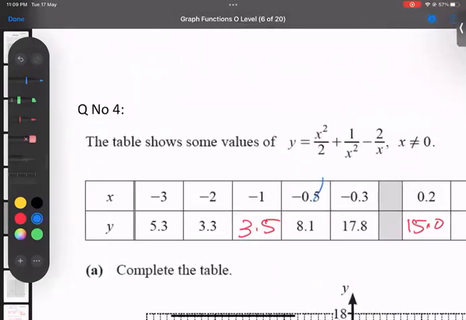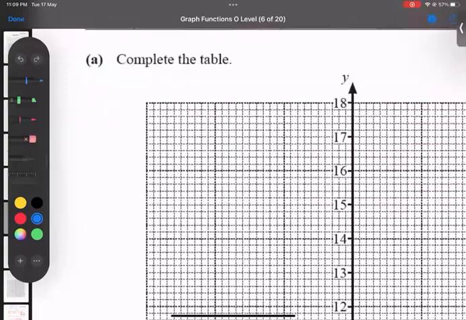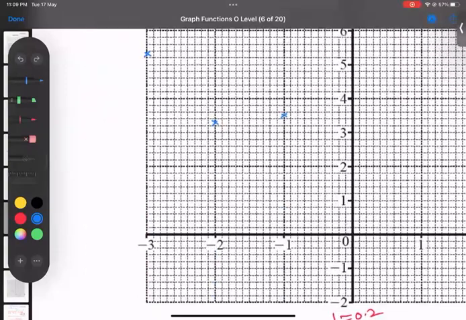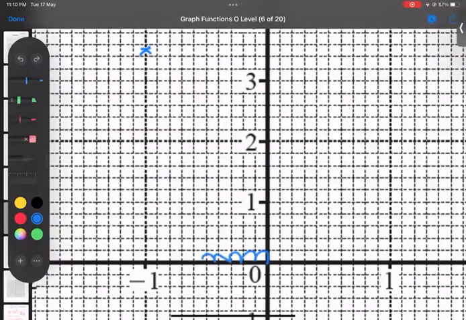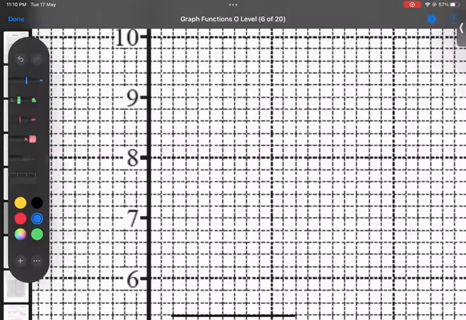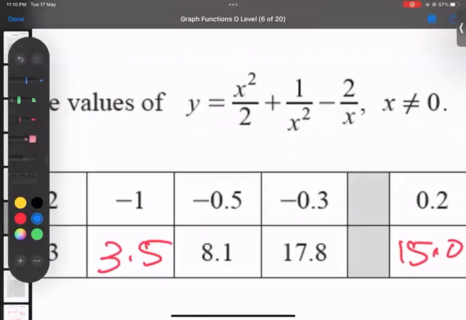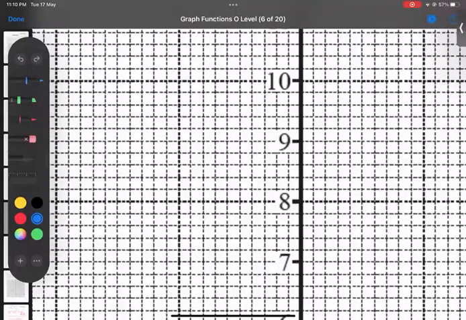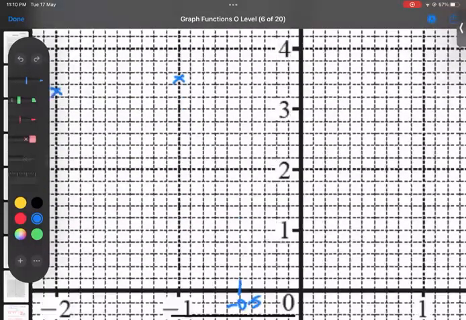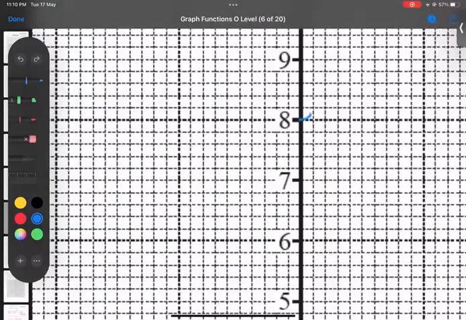Let's talk about the next one, negative 0.5 and 8.1. Where is negative 0.5? Negative: 1, 2, 3, 4, 5. Mark it, okay, because there is a lot of chance of mistake. And 8.1: where is 8.1? 8.1 is here, 8.2 but half a box.